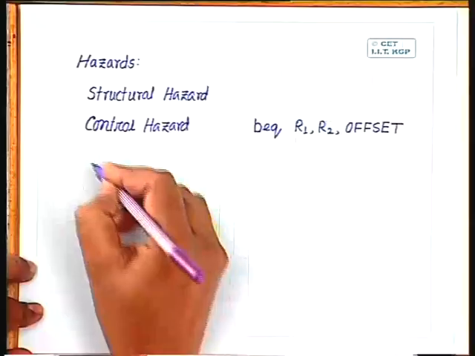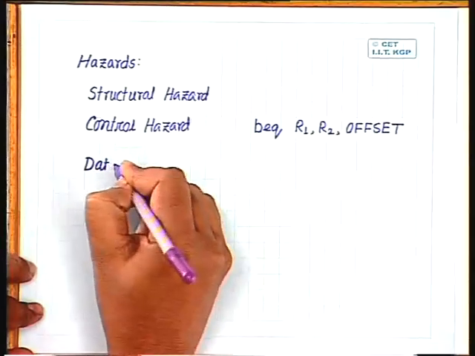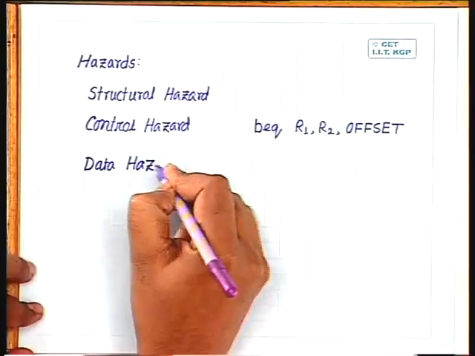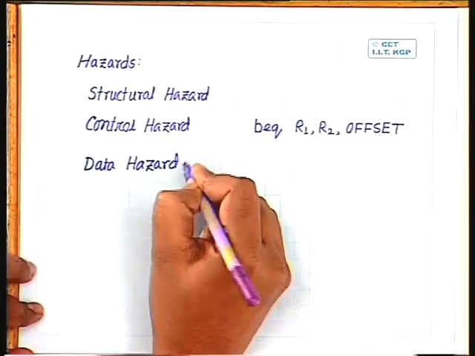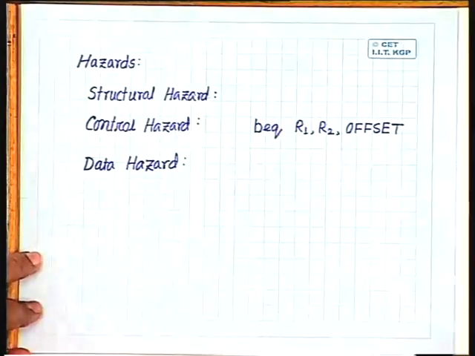So that is about the control hazard. The third kind of hazard that we have in case of pipeline is called data hazard. Now what is this data hazard?